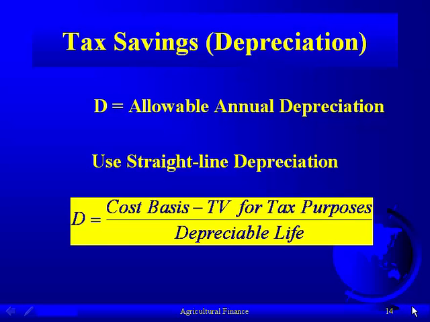The definition for the allowable annual depreciation is your cost basis minus your terminal value for tax purposes divided by the depreciable life, and the depreciable life is that number that is provided by your tax code, or given to you by the legislator.